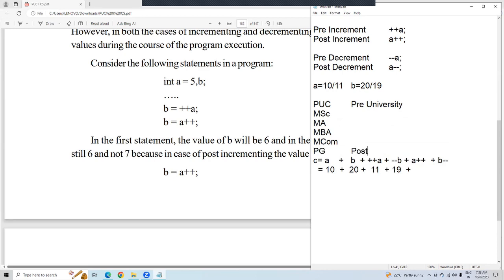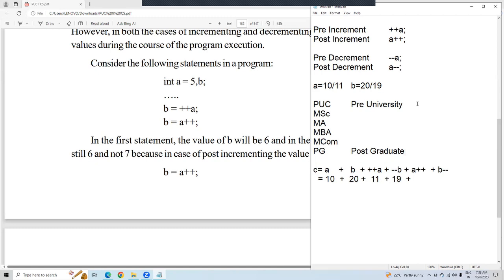PG stands for postgraduate. Graduate courses are BA, BCom, BSc. Postgraduate courses are those which have to be done after graduation. That is why post, after graduation.